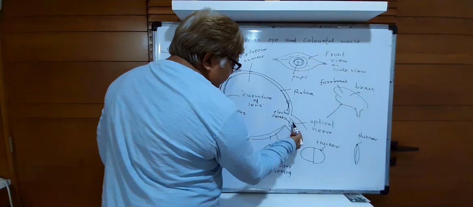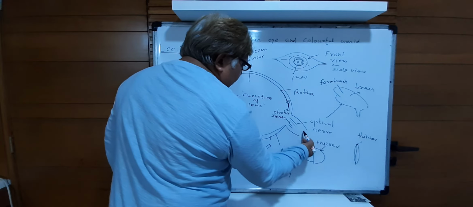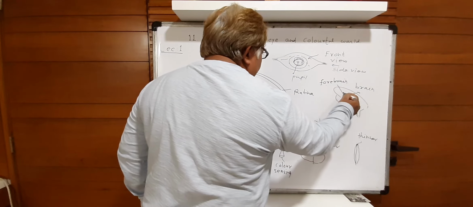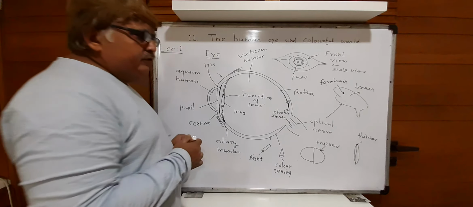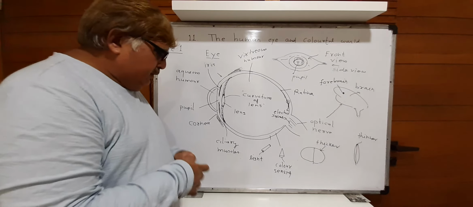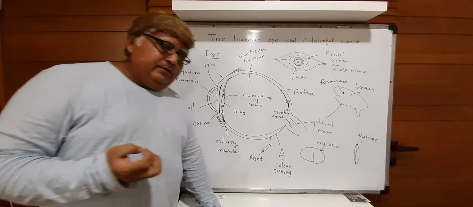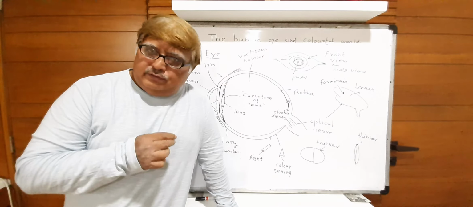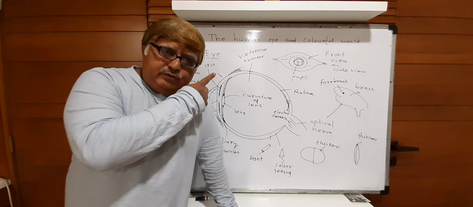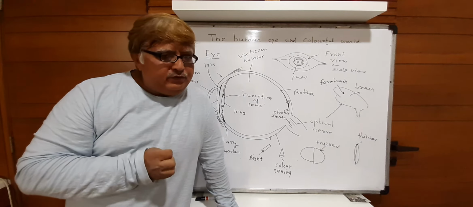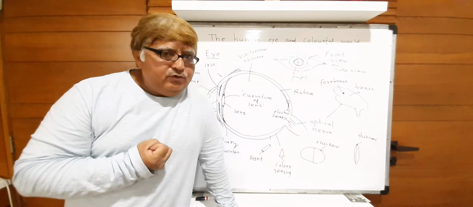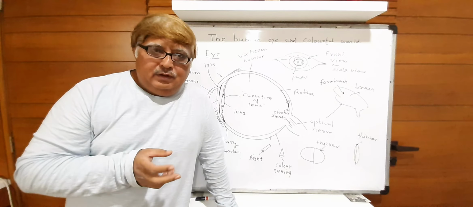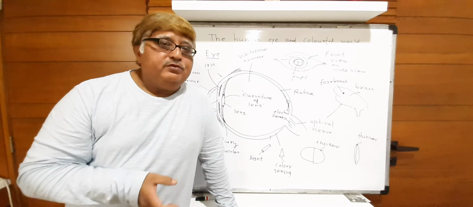The electric signal via the optic nerve reaches our brain. Now, what is the role of the brain? The moment the brain receives the electric signal and it reaches the visual reception center, what actually occurs? Our brain is like a microprocessor.